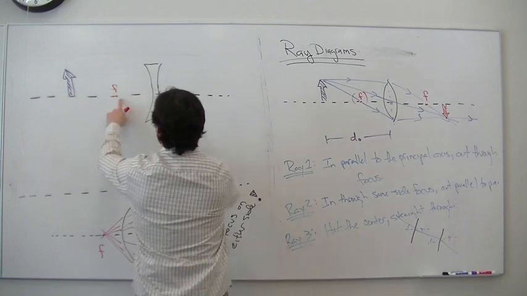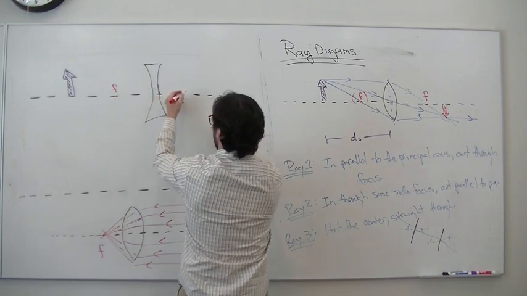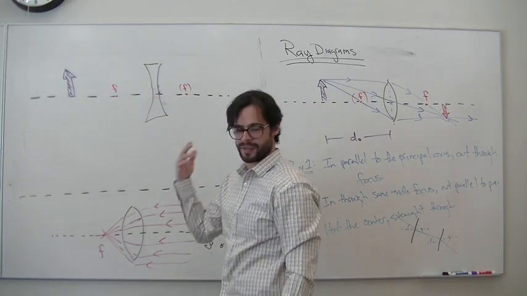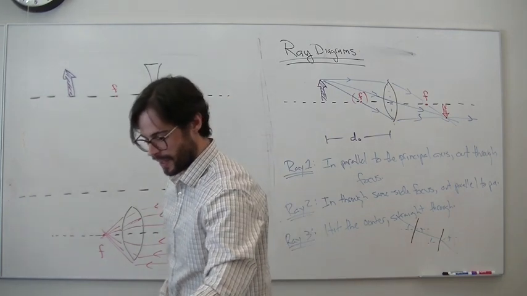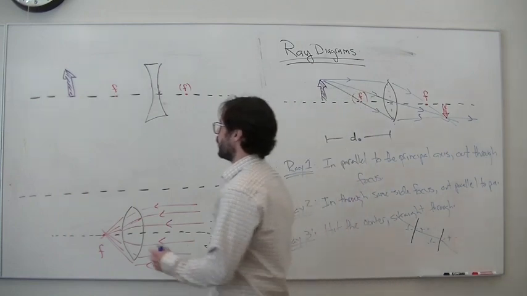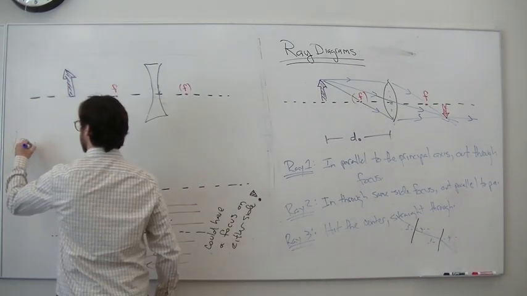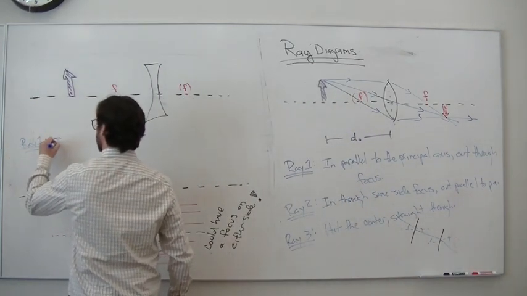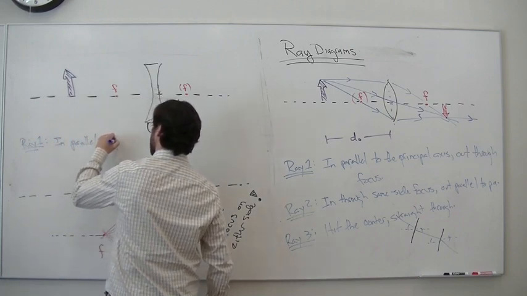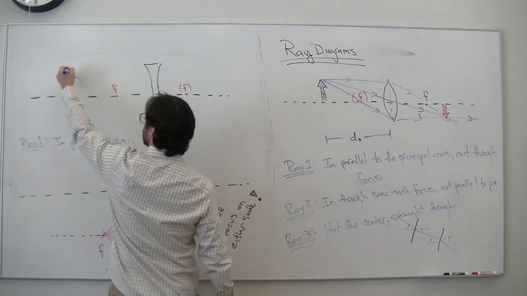And I'm pretty sure I'm going to need this secondary opposite side focus because I kind of know how this is going to play out. So I'll put that there right from the get-go. Okay, ray 1 is going to be in parallel. And what in parallel means is in parallel to the principal axis.